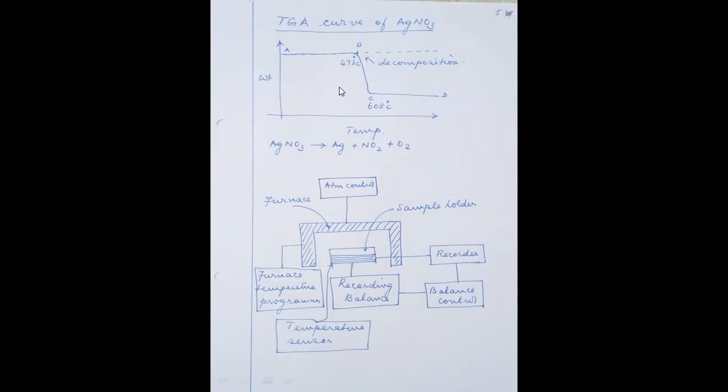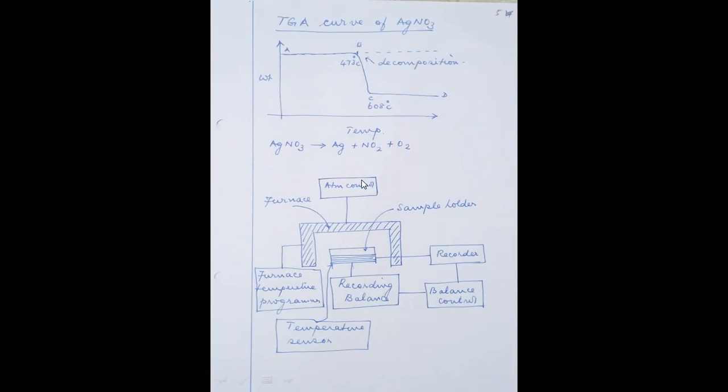So what decomposition is actually seen in the silver nitrate decomposition? Silver nitrate undergoes liberation of nitrogen dioxide and oxygen, and the silver metal is deposited. So silver nitrate is heavier, silver metal is lighter. The nitrogen dioxide and oxygen are gaseous substances, so they do not contribute anything to the mass of the substance.